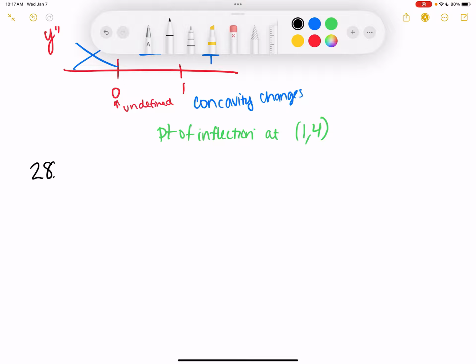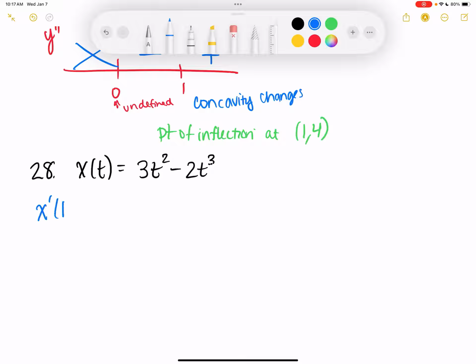So 28, we have x of t is equal to 3t squared minus 2t cubed. So I first need to find my velocity and acceleration equations by taking the derivative.